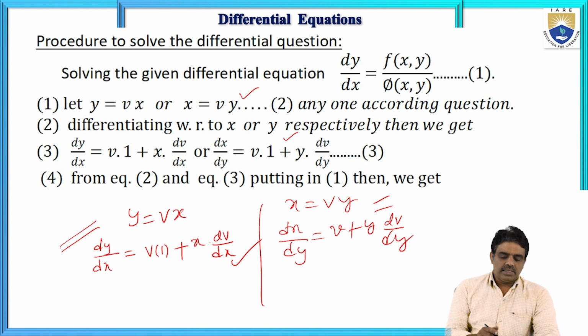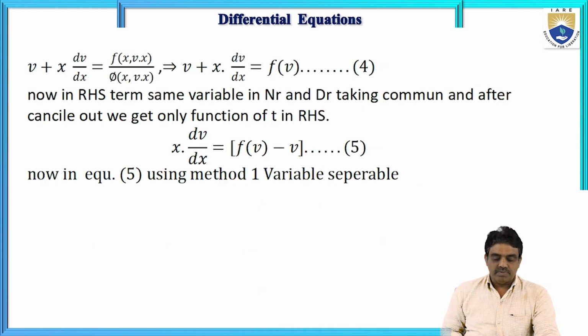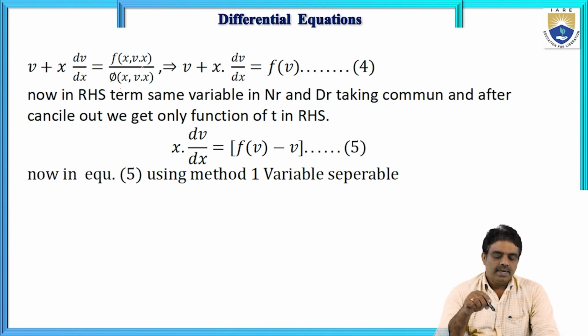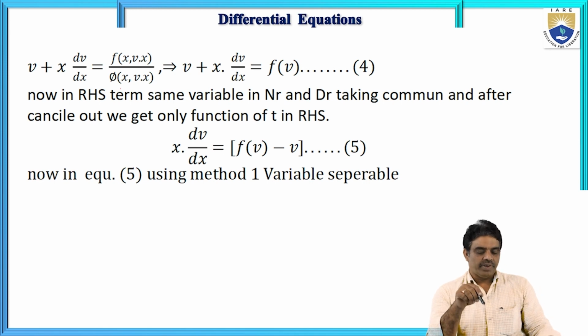Now substitute these values in the given equation 1. On substituting, we will get v plus x into dv by dx is equal to, in the numerator, f of x, y with y replaced by vx, and in the denominator, phi of x, y with y replaced by vx. This implies v plus x dv by dx is a function of v only, because the x square term in the numerator and denominator cancels and the right side becomes a pure function of v.